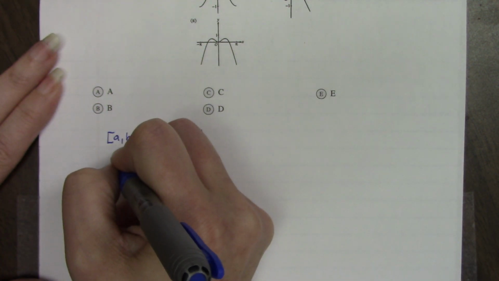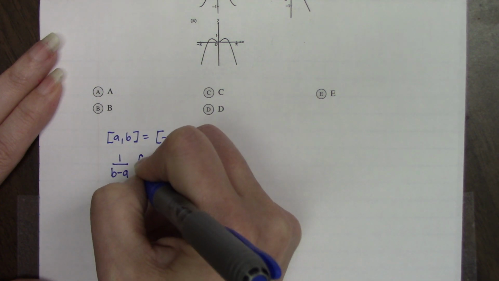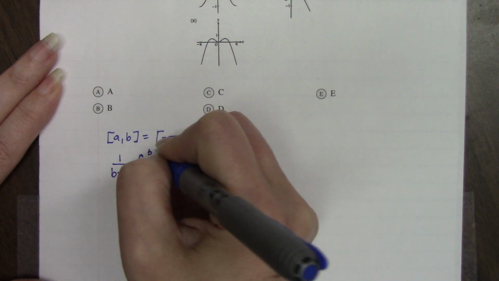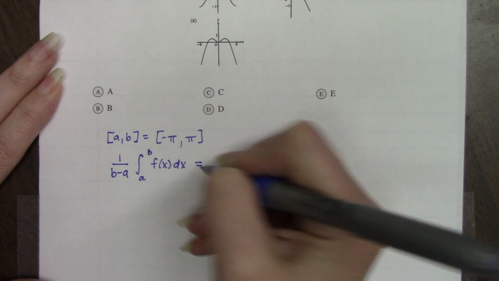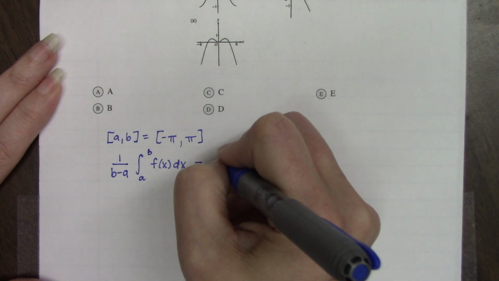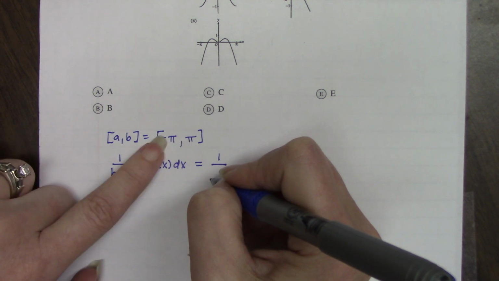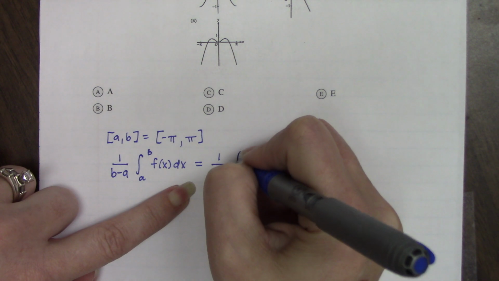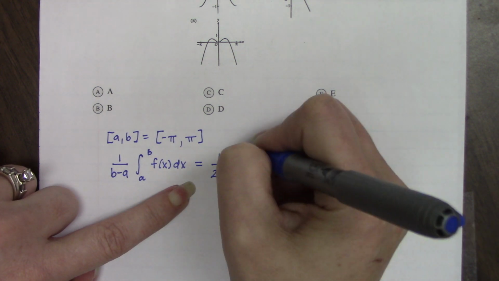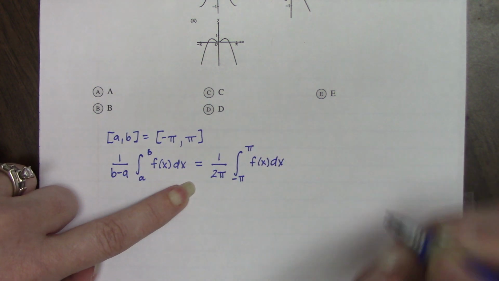The formula for average value is 1 over b minus a times the integral from a to b of f of x dx. So let's plug in our numbers. So we're going to have 1 over pi minus negative pi, so that's going to give us 2 pi, times the integral from negative pi to pi of f of x dx.